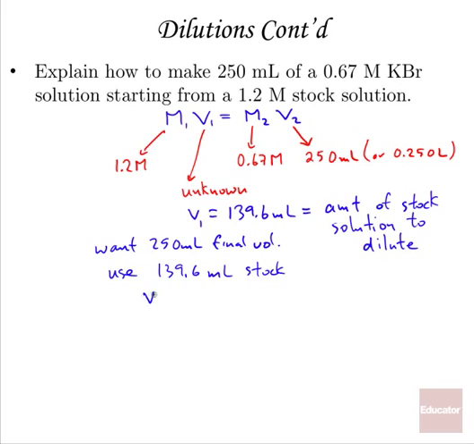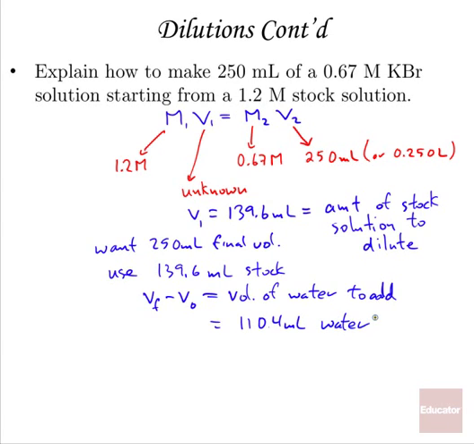And so V final minus V initial is going to give me the volume of water to add to perform the dilution. And so that's going to be equal to 110.4 mL of water.